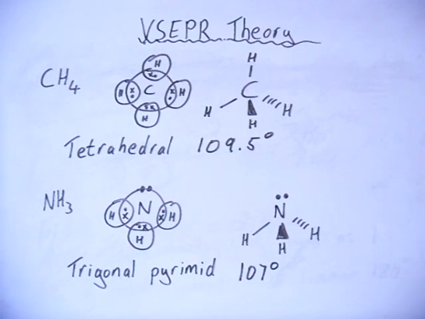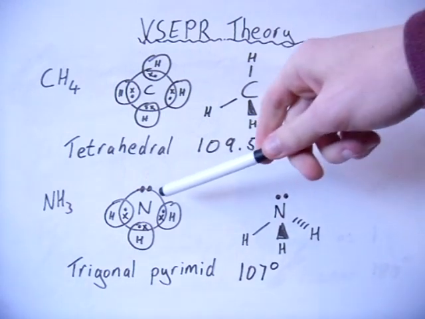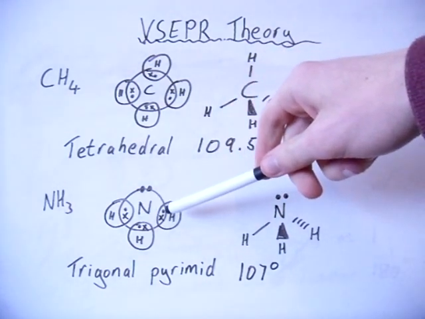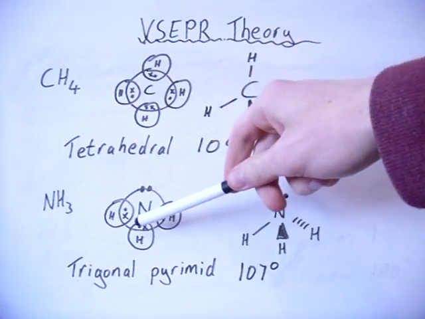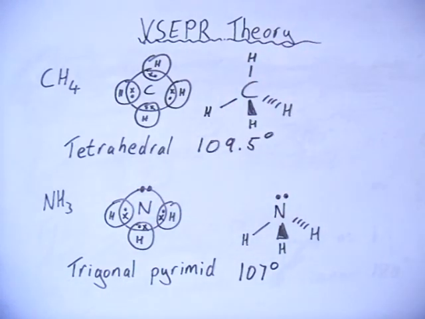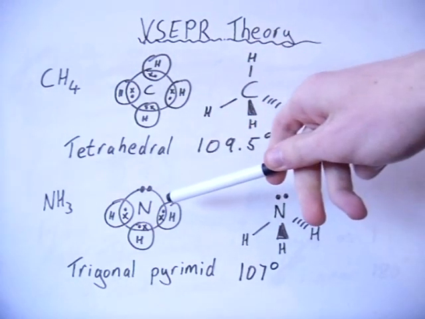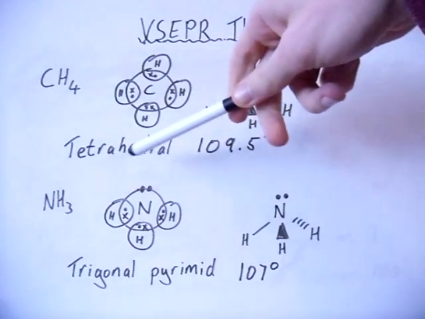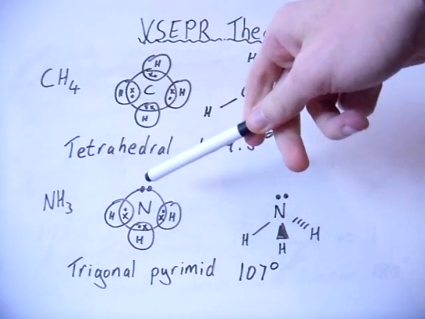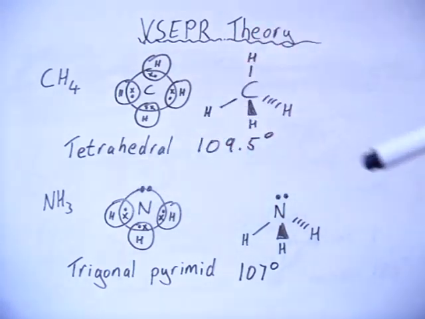Now at the bottom there we can see ammonia, so again that's another favourite. Nitrogen being in group 5, it's going to have a lone pair because 1, 2, 3, 4, there's the 5 dots, the 5 electrons for nitrogen. Obviously it meets the octet rule now. Hydrogen's happy with its 2 there. So the VSEPR number is still 4, because obviously adding together the 3 plus the 1.